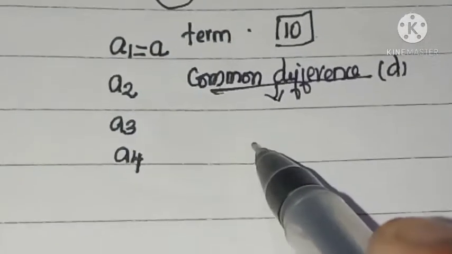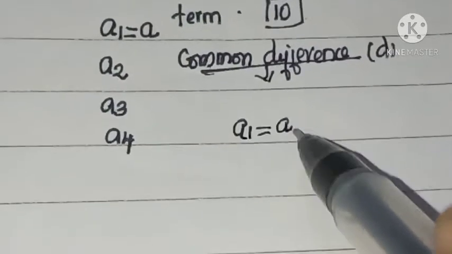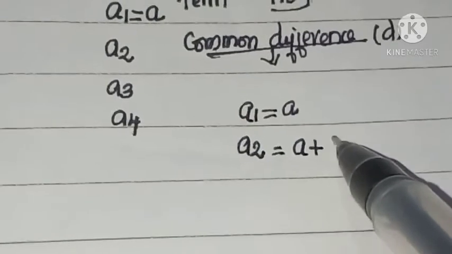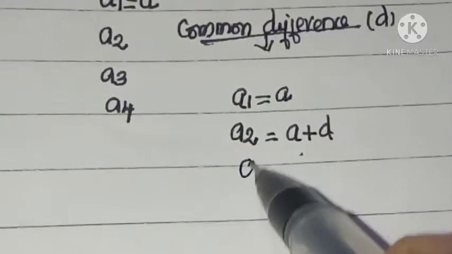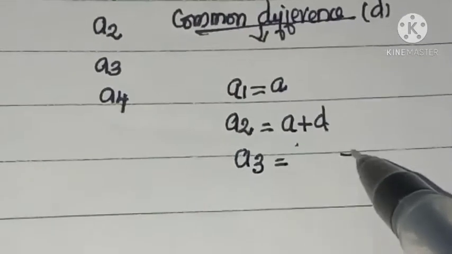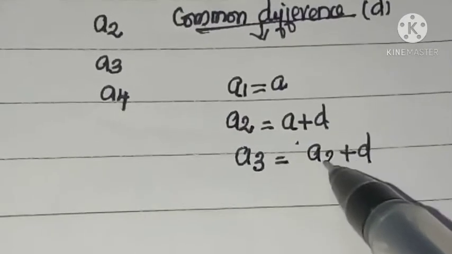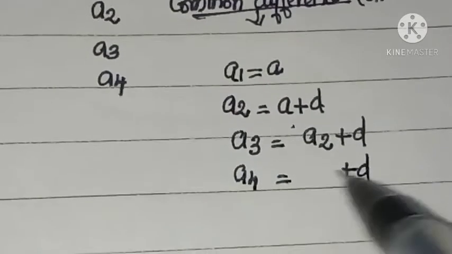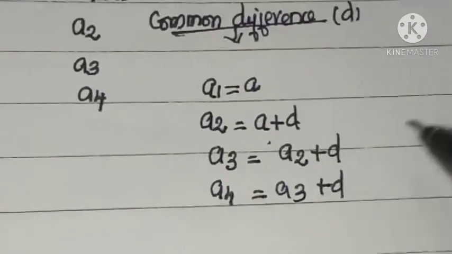To get the second term we are adding a fixed number, and that fixed number is known as the common difference. So the first term is a. The second term a2 is obtained by adding the common difference to the first term. The third term is obtained by adding the common difference to the second term. The fourth term is obtained by adding the common difference to the third term and so on.